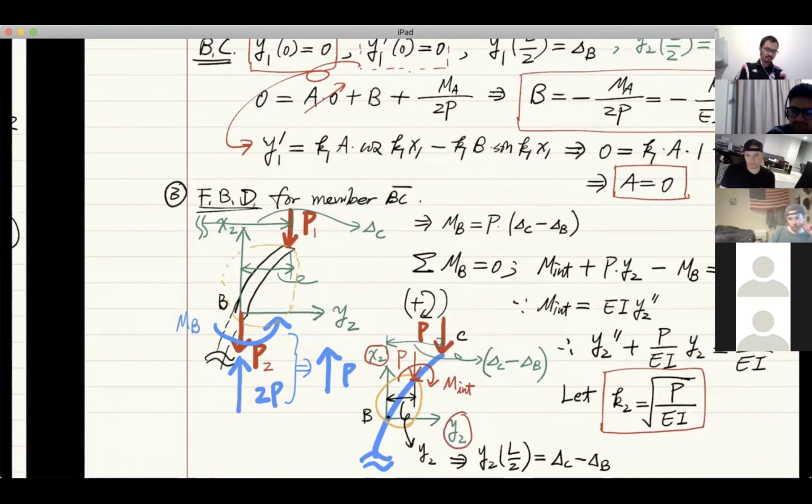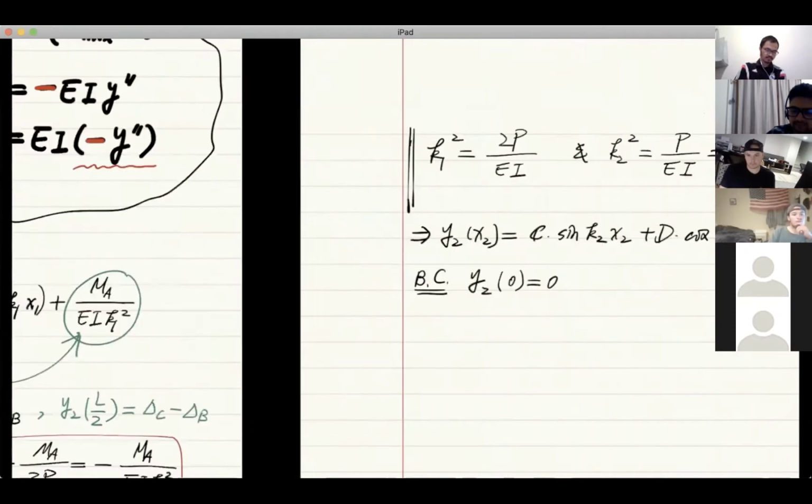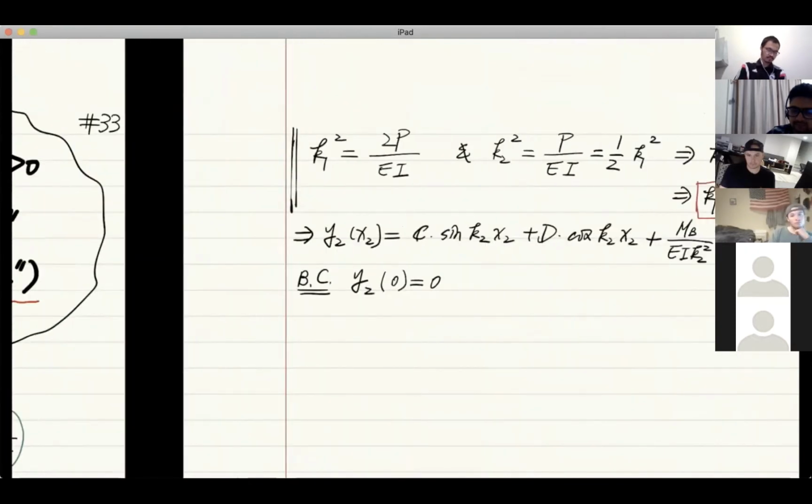Not with respect to x1, y1, but only with respect to x2, y2. So when we establish that kind of boundary condition, of course, at this region, there's no displacement. So this is essentially based on our reference coordinate systems definition.